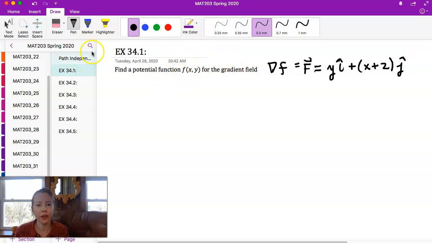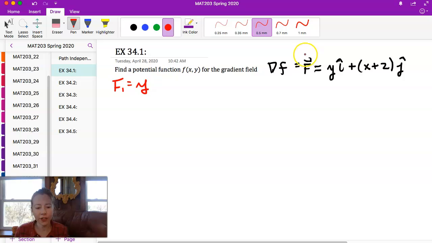So first we need to figure out our f sub 1, right? And so our f sub 1 is going to be y. Okay, so that's our x component.